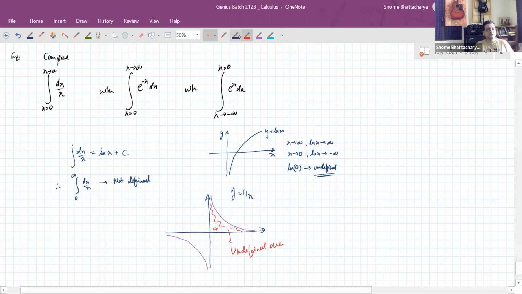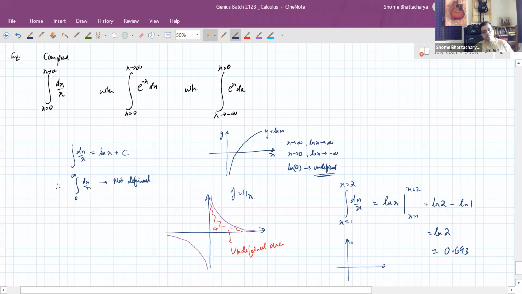Okay. But for example, if I said from x equal to 1 to x equal to 2, then that's fine. So that is ln 2 minus ln 1, which is ln 2, which is approximately 0.69. So that's fine. Because now you're looking at a finite portion of this curve.